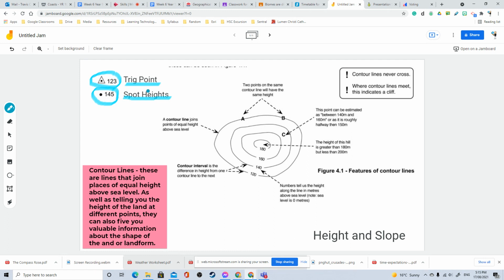When you're actually at location, often you'll see a pile of rocks, and that's people who have visited the spot. They've started to pile rocks, and we call them trig points. Okay, so that's the two main ways that we identify the high point on a map.